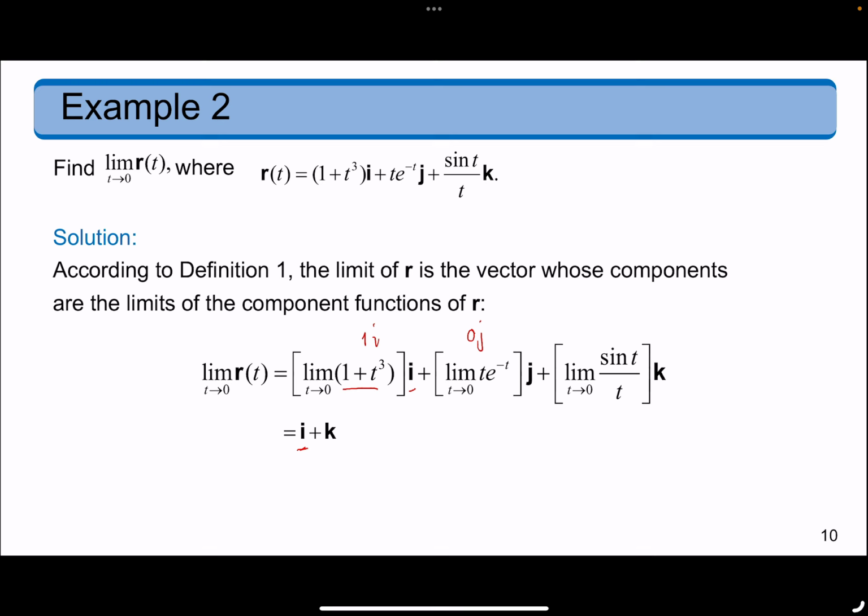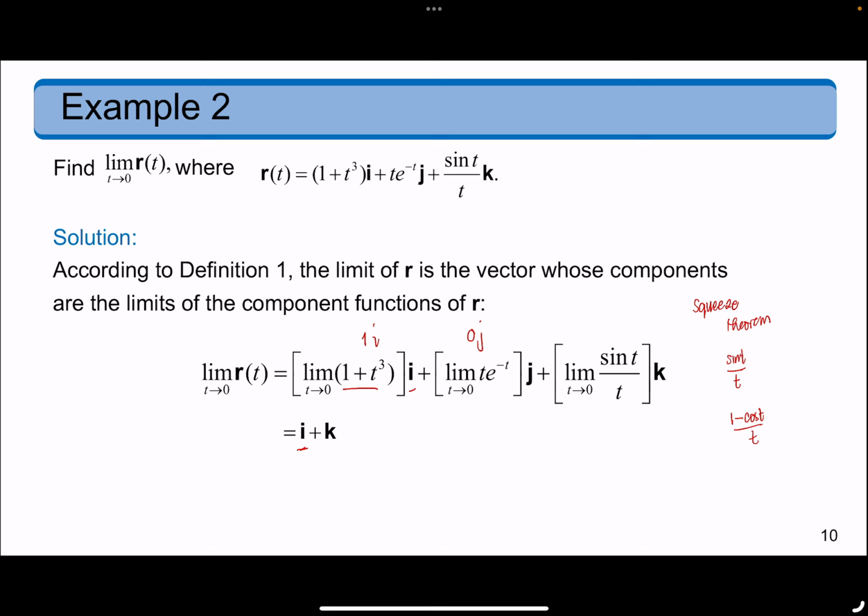So it would now be the limit of sine t over t as t approaches 0. As t approaches 0, this would be following the rules for the squeeze theorem. Under the squeeze theorem, there would be two functions, sine t over t and 1 minus cosine t over t.